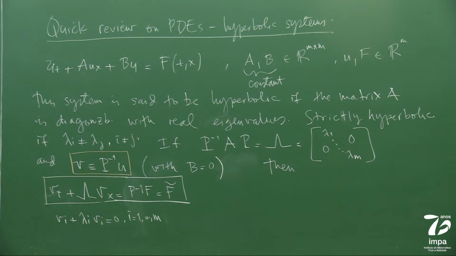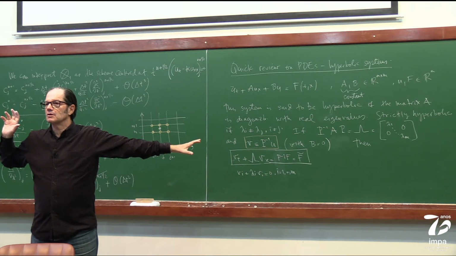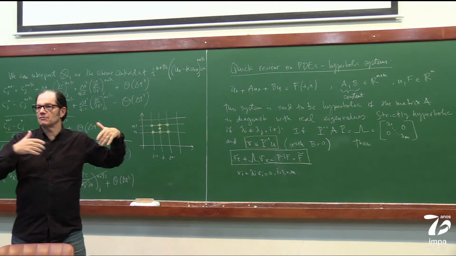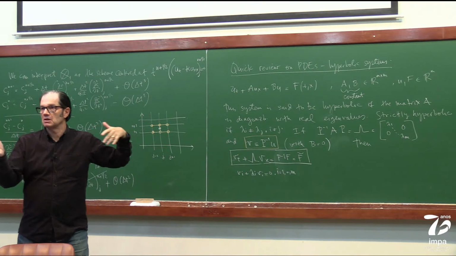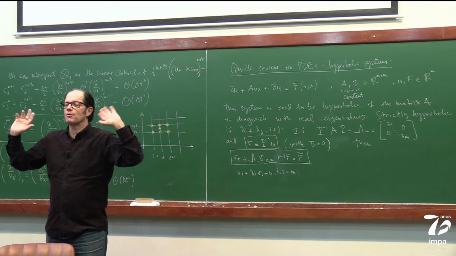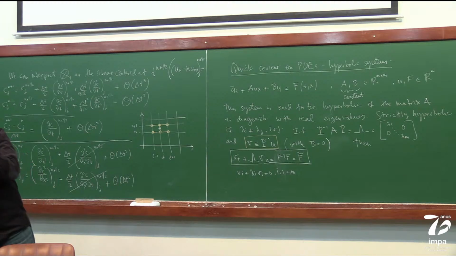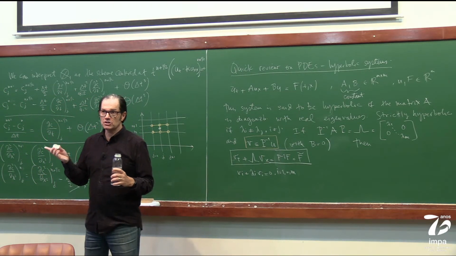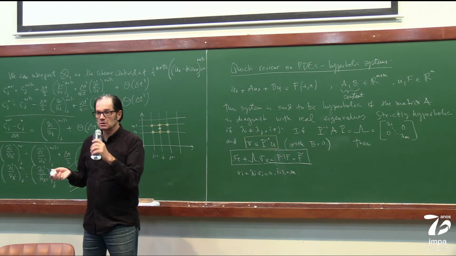Suppose I only have right-going eigenvalues. Okay, all the eigenvalues are positive. I have a 3-by-3 system, 3 real-valued positive eigenvalues. I tell you, solve this problem using upwind.